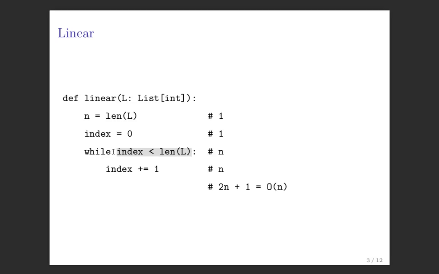Now, it turns out that we're going to do exactly n many iterations of this loop, which means that this index counter is also going to be incremented n times, right? So this line here is doing n many additions, okay? So we can sum all of these counts together to get, oh, sorry, this should be 2n plus 2, not 1. Turns out it doesn't make much of a difference, right? So given a list of length n, the complexity of this algorithm is 2n plus 2.